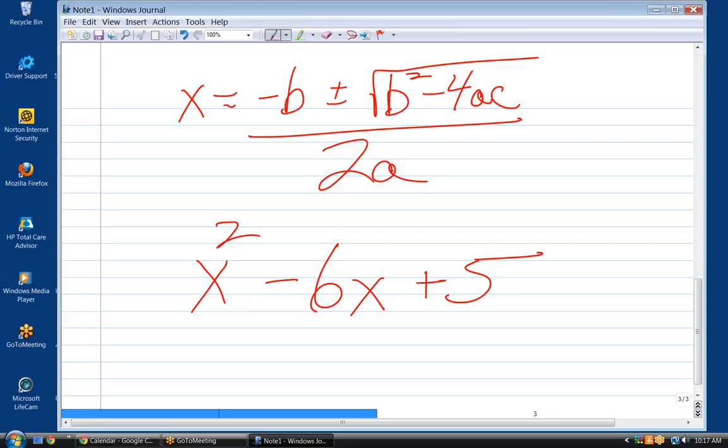That's 6 plus or minus 6 squared minus 4 times 5. 20, 36. That's just going to be two real. Two real, exactly. If I change the problem and make it like this, now you have a negative inside the radical. Right. And you're going to end up with two complex solutions. Okay.